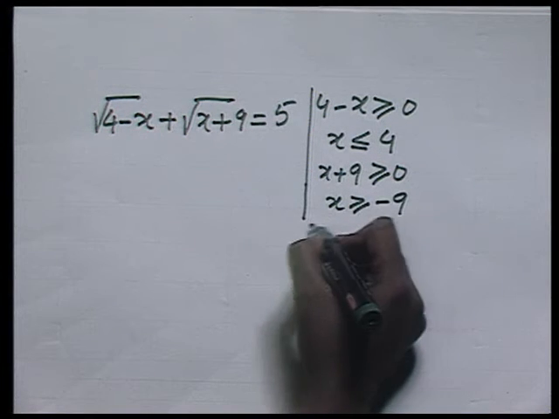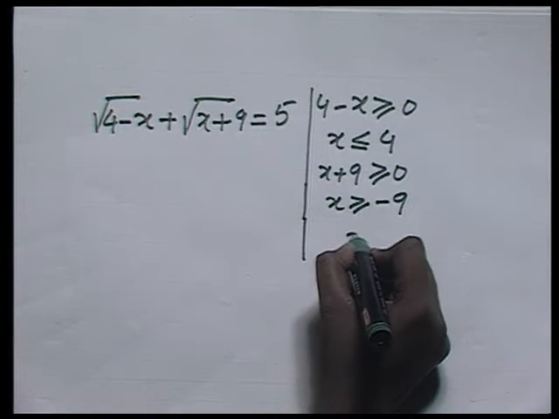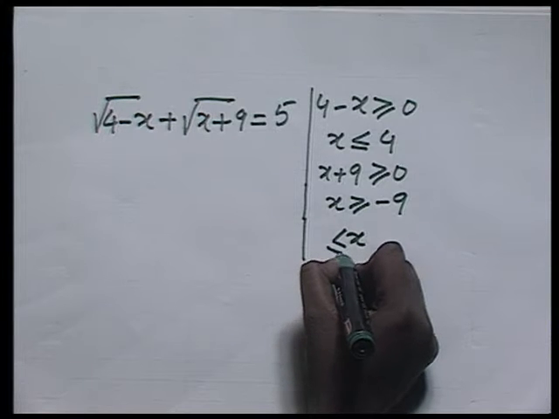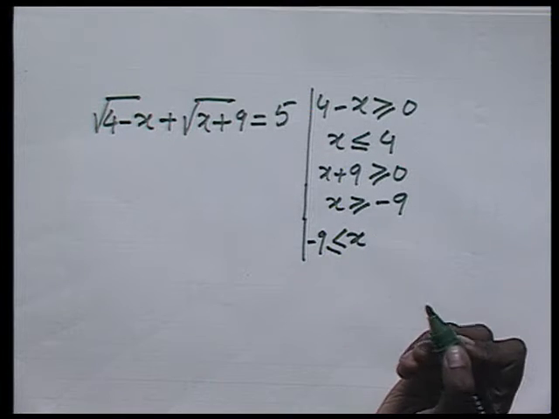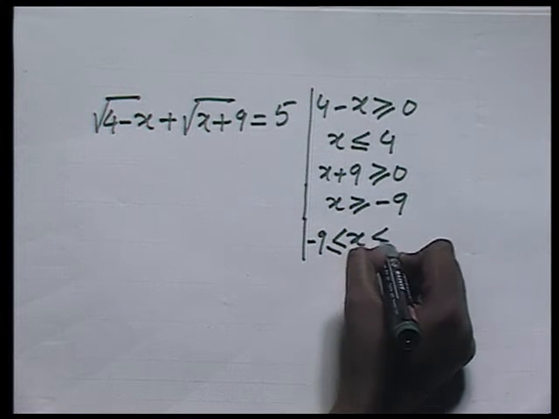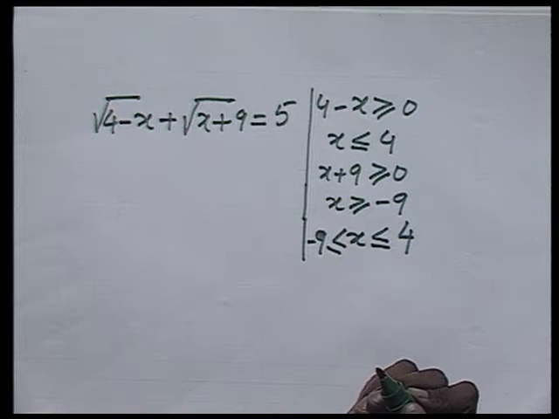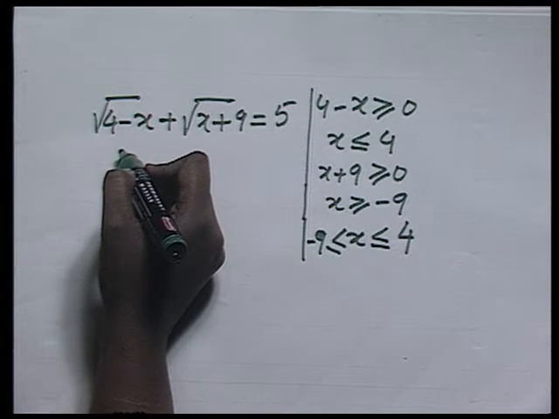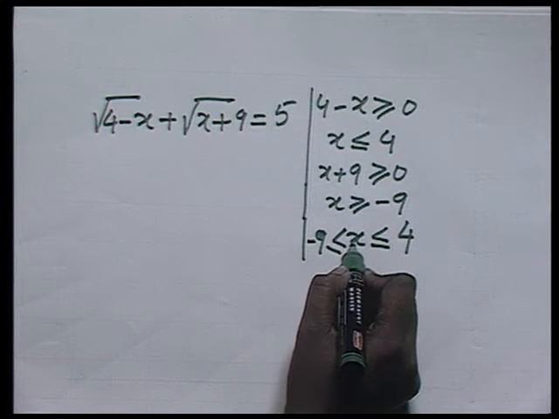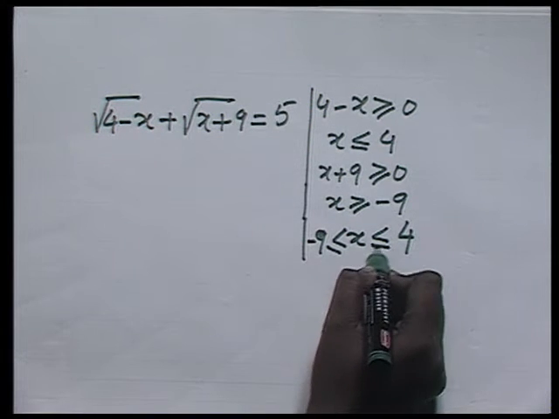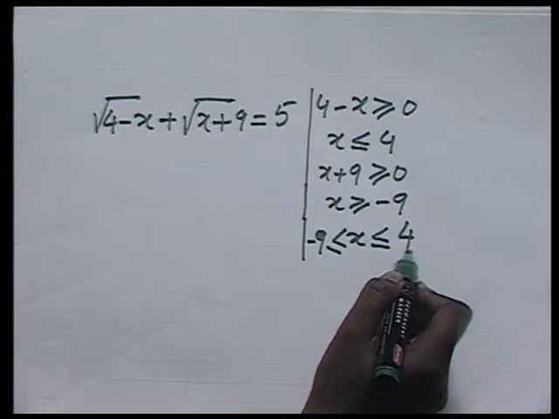Combining these two conditions, we can write this as x is greater than or equal to minus 9 and less than or equal to 4. So we have to find solutions of this equation so that they satisfy the condition x greater than or equal to minus 9 and less than or equal to 4.